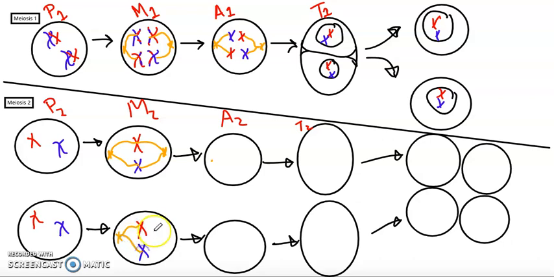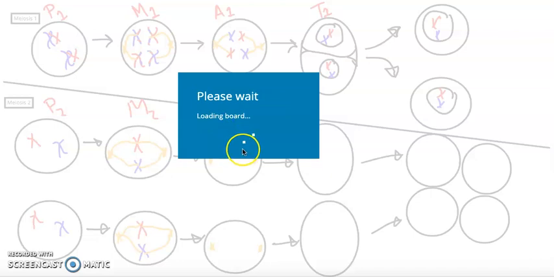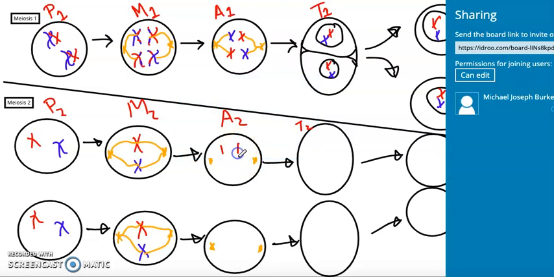And you do have the spindle fibers, of course, over here in anaphase as well. The spindles, the centrioles. And here in anaphase 2, the sister chromatids are being separated, right, with the help of the spindle fibers.